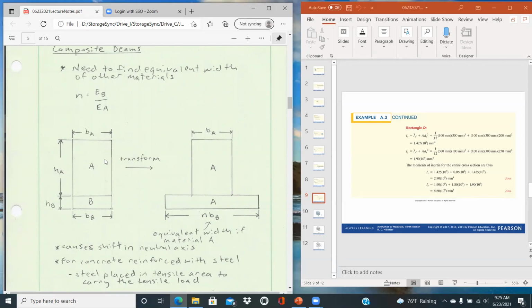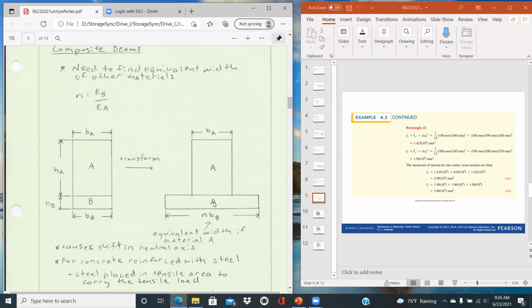And so for this case here, where we have a material A and a material B, where little b is equal to capital B at the bottom, and they have the respective heights, the magnification ratio is just the ratio of the Young's modulus of material B to material A. And the way we transform that, if we're looking for I about the x-axis, is again, we don't want to change the location of the centroid for that section.